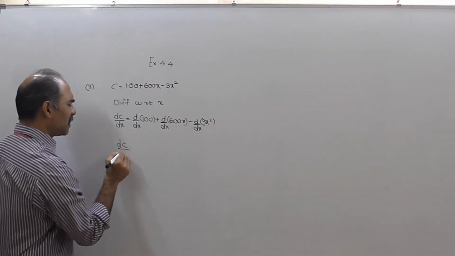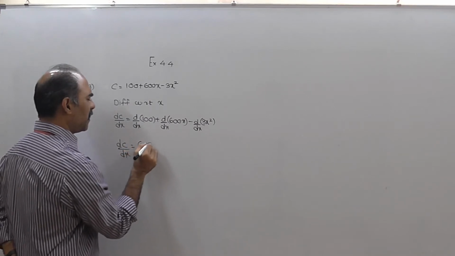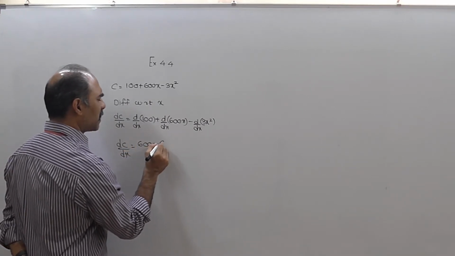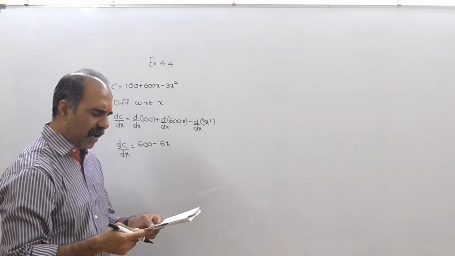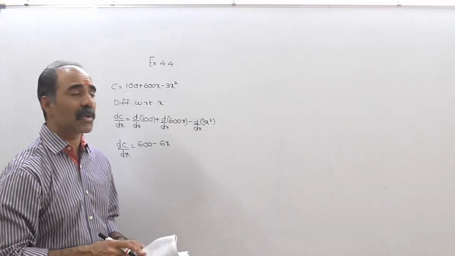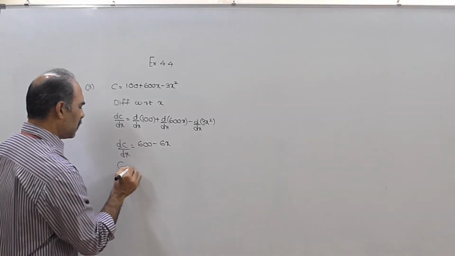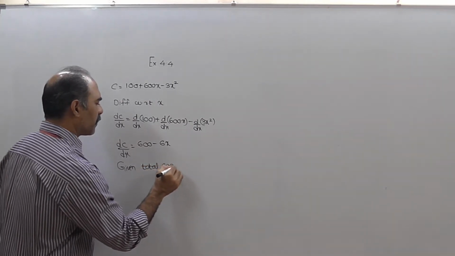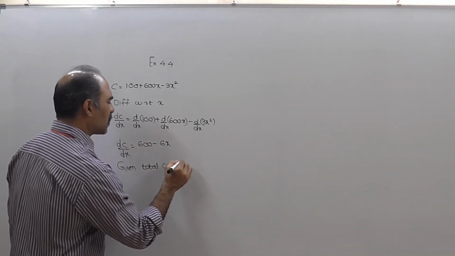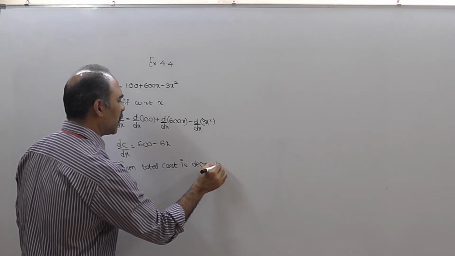So I get dC by dx equal to the derivative of 600x, which is 600, minus the derivative of 3x square, which is 6x. Now what have they given with regard to the cost? They say that the total cost is decreasing.